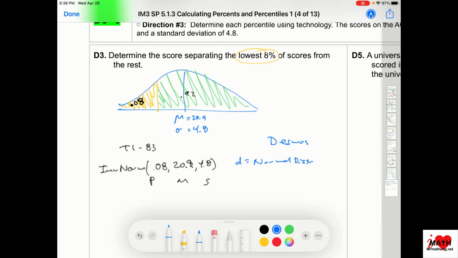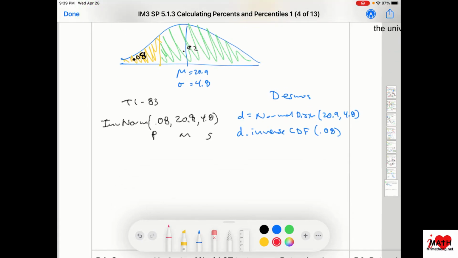D equals normal distribution of 20.9 comma 4.8, and then D dot inverse CDF of 0.08. And both of these will give me an X score right here. Let's put those in.